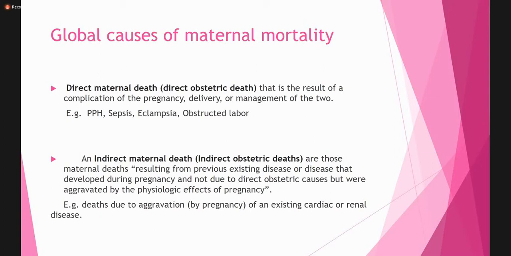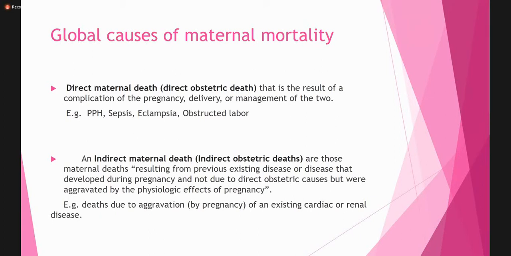The examples are PPH, that is postpartum hemorrhage, sepsis, that is infection, eclampsia, that is due to hypertension, and maybe obstructed labor. So these are the direct maternal death causes.